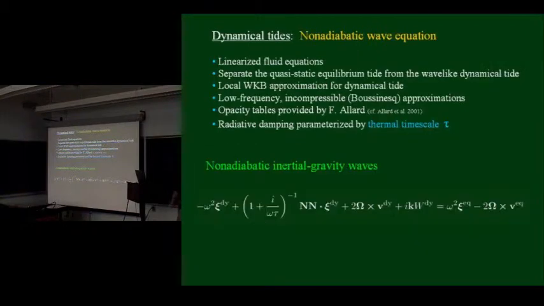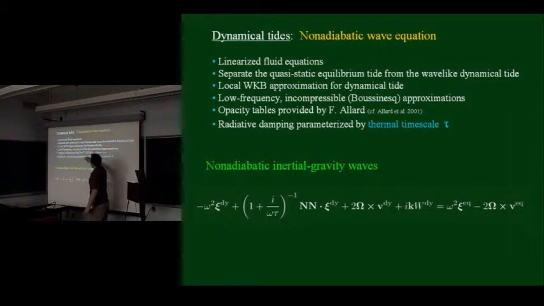Okay, so to the meat of the calculations I'm presenting, I've taken a one-dimensional simplified model of the atmosphere, taken linearized fluid equations with the tidal potential, and separated out the quasi-static equilibrium tide, that is the familiar tide of Darwin, the prolate distortion of the planet as a whole, from the wave-like dynamical tide, which is the gravity waves we're interested in.